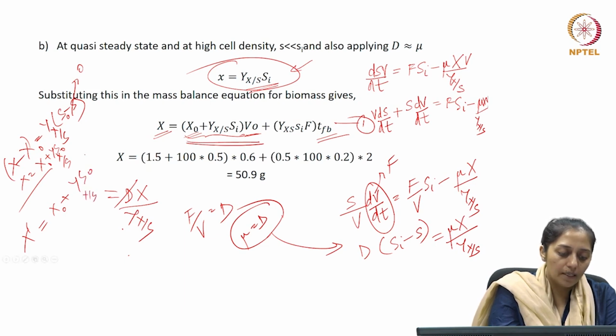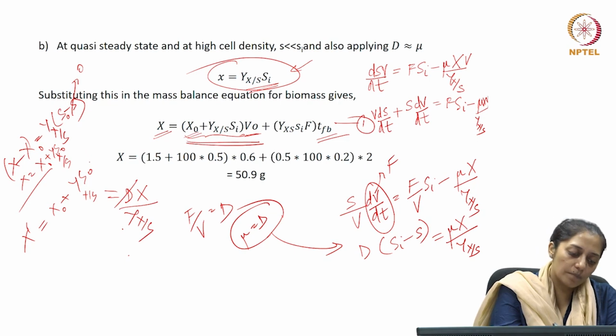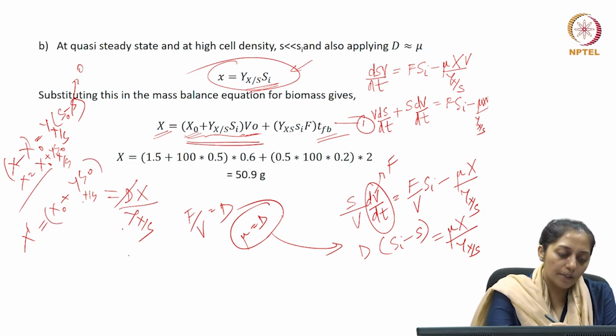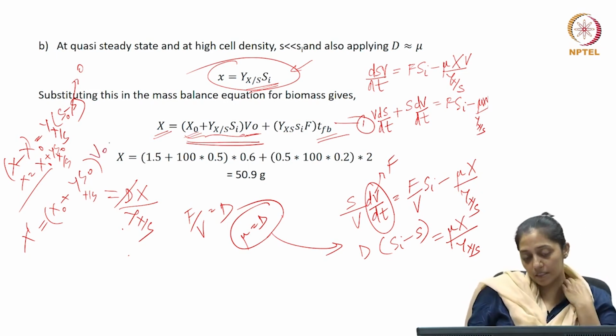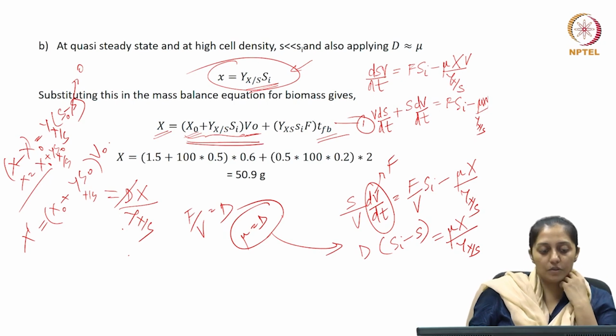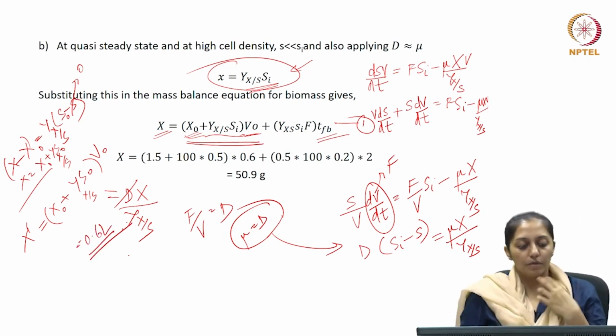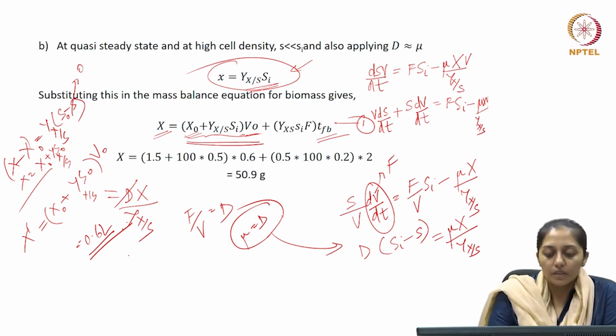So, this Yx by S times S naught plus X naught concentration at the end of the batch is multiplied by the initial volume at the start of the fed batch or end of the batch, which was 0.6 liters before the feeding started. So, this is what has been done here.